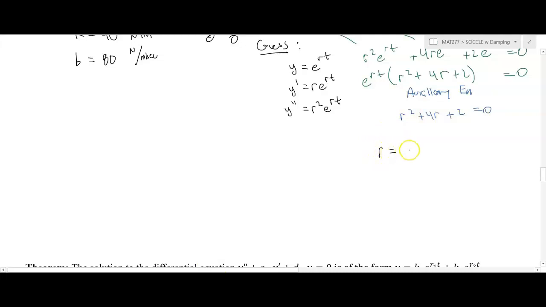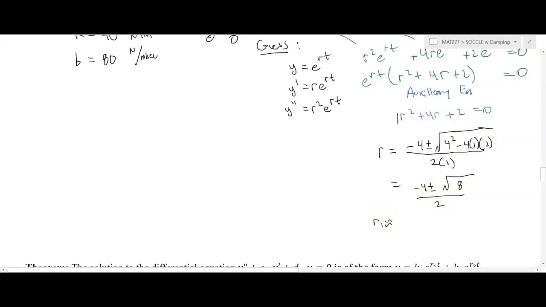So r is going to equal negative b, so there's my b, plus or minus the square root of b squared minus 4 times a, which is 1, times c, which is 2, divided by 2a, which is 2 times 1. So cleaning that up a bit gives me negative 4 plus or minus the square root of 16 minus 8, which is 8, over 2. And so this is going to give me two roots.